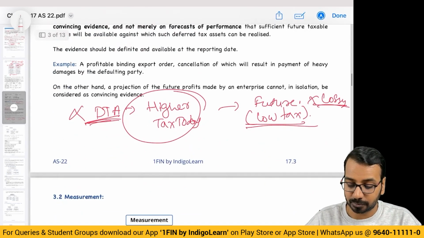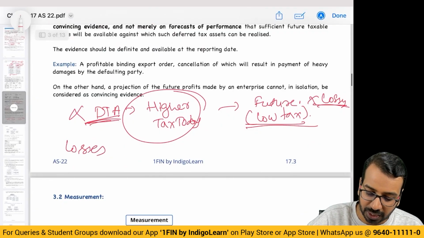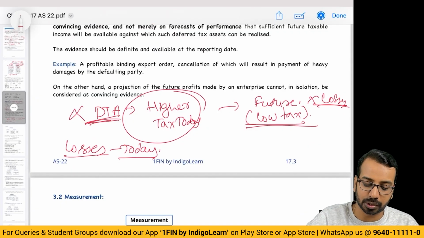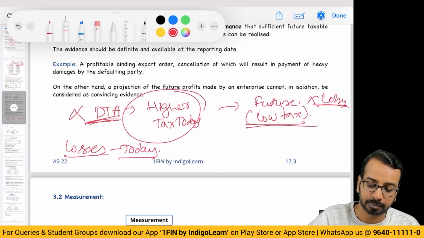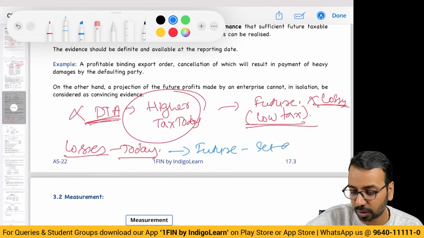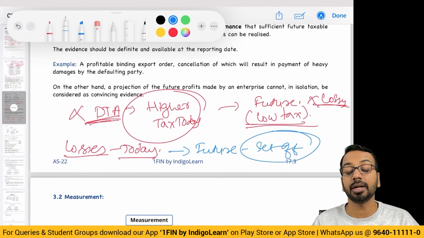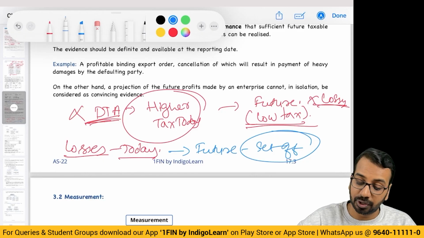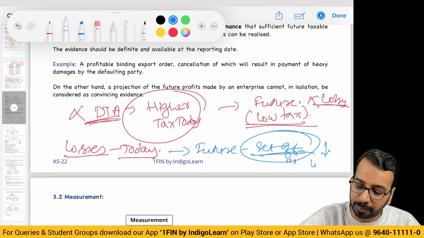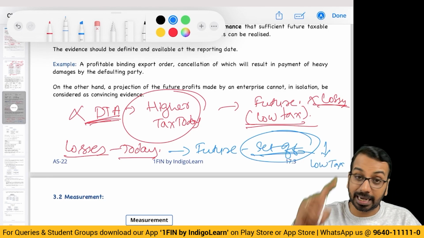Another example is, if there are losses today, in future you can set off the losses. When you can set off the losses in the future, you will pay no tax at that point of time.